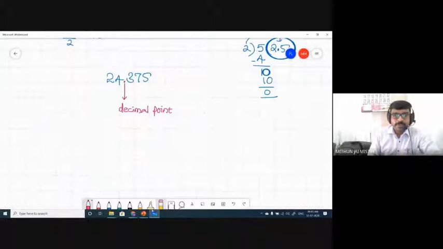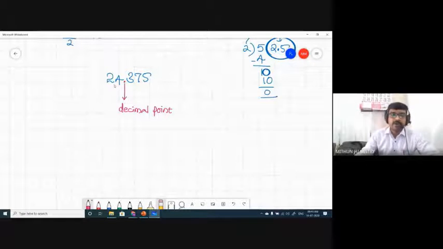So this point is called the decimal point. And here, before the point, this number 24 can be called a whole number or an integer.